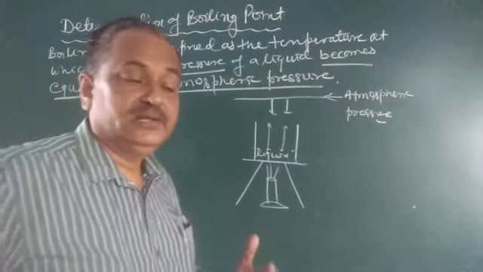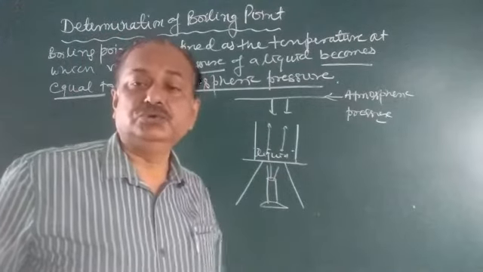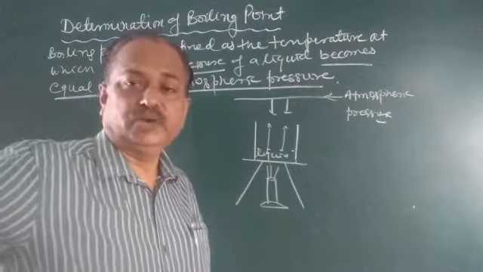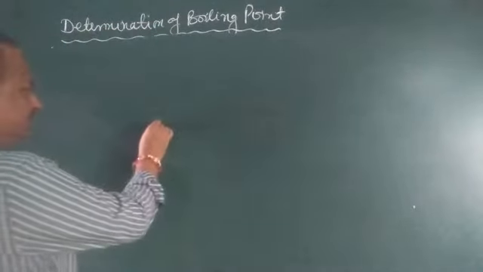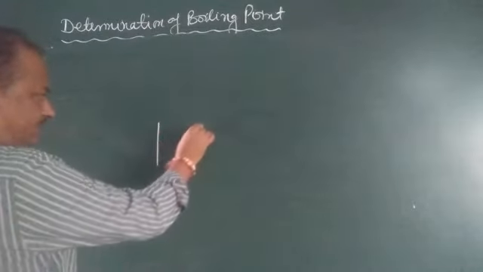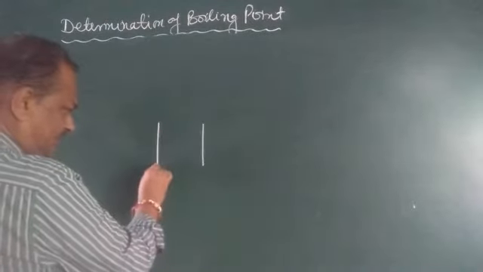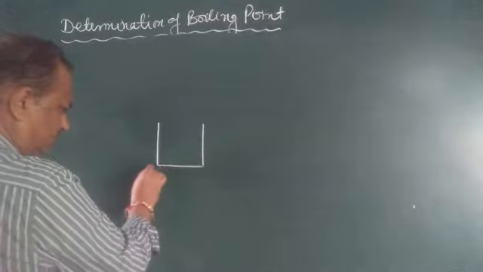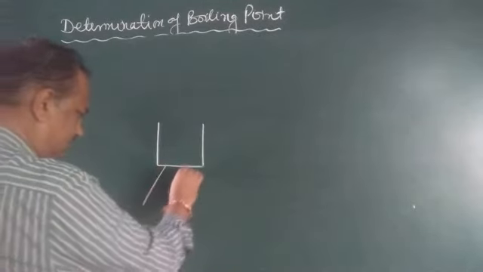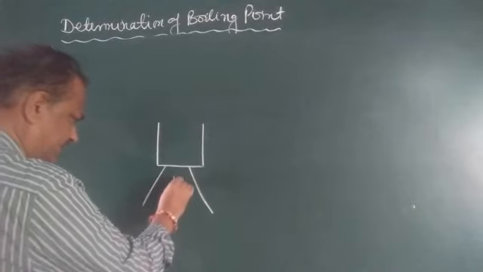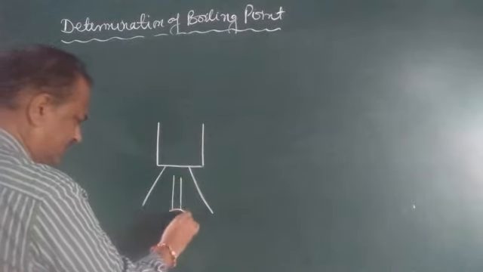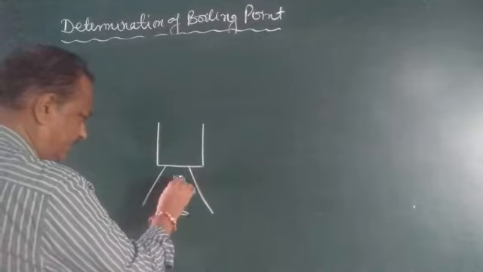Now we'll see the experimental setup, how to determine the boiling point of a liquid. For the determination of boiling point, again we take a beaker, and this beaker is placed on a tripod stand. Here there is a gas burner.